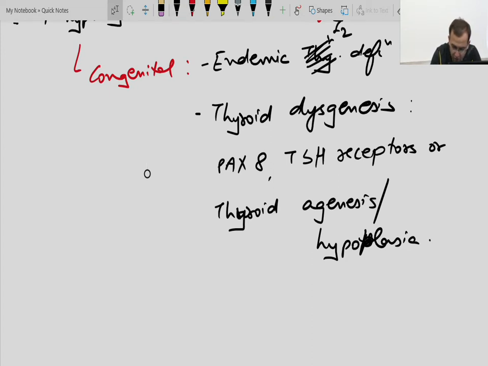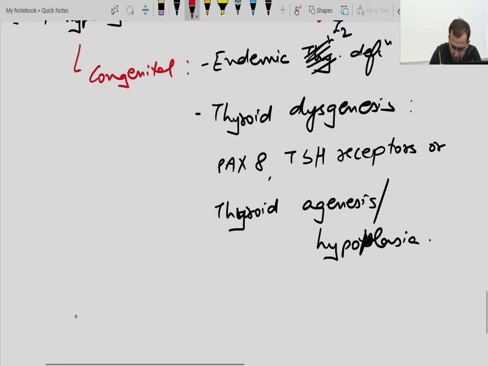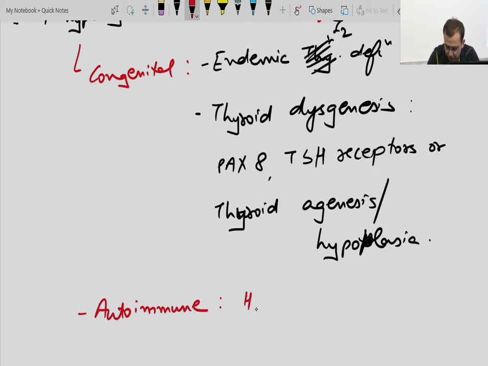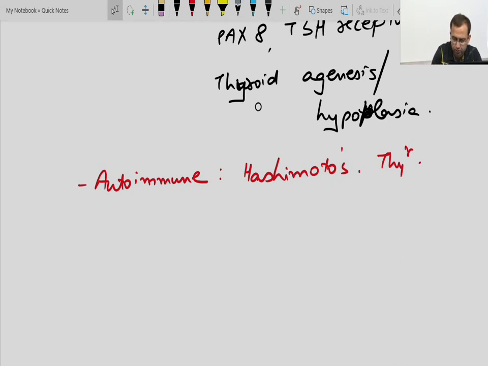Next cause of hypothyroidism is autoimmune thyroiditis, which is Hashimoto's thyroiditis. Autoimmune in nature. This was primary, congenital or autoimmune.